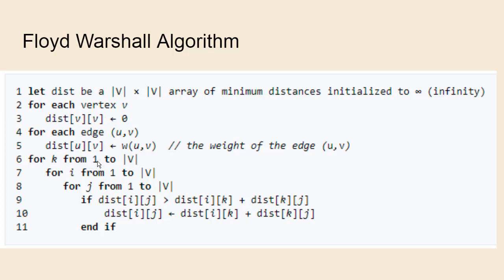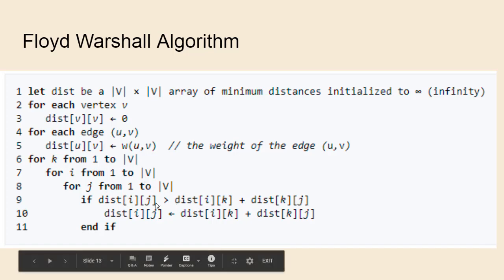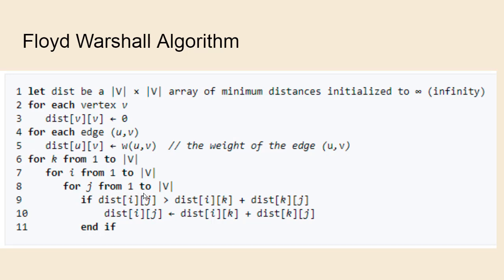Then we look at, well, now we're allowed to use node 1 as an intermediary, and see what shortest distance we get. To calculate the distance from i to j, we look at the shortest distance from i to 1, and then the shortest distance from 1 to j, and we add them up. If that is smaller than the current shortest distance, then we update the current shortest distance.